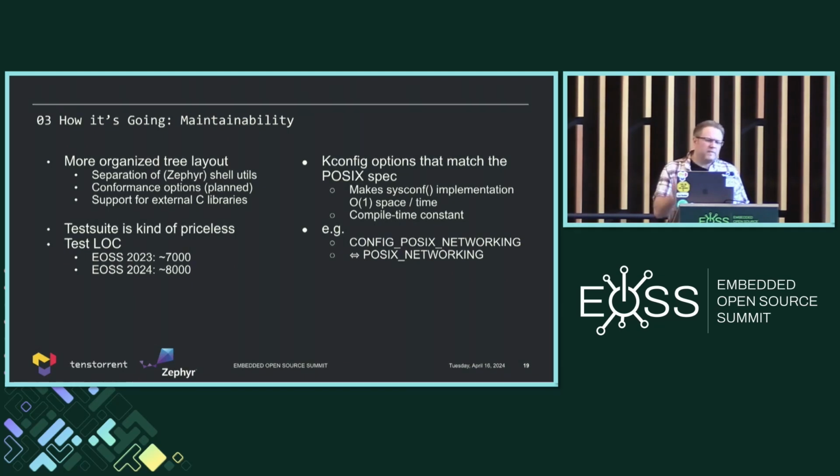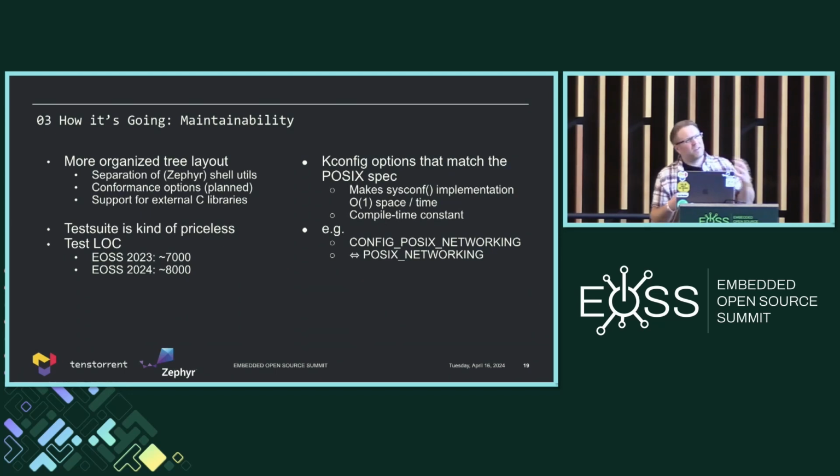Since last year, the test suite has increased by about 1,000 lines of code. Some of that has actually been us shrinking other test suites within POSIX while simultaneously adding new lines of code. So the test suite is growing, which means that we're doing our homework, making sure that we're not breaking things, and compiling against multiple libcs, so it's pretty good.